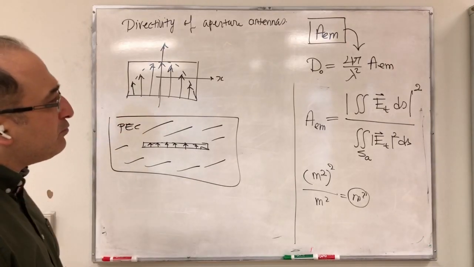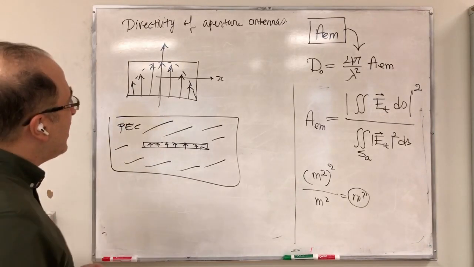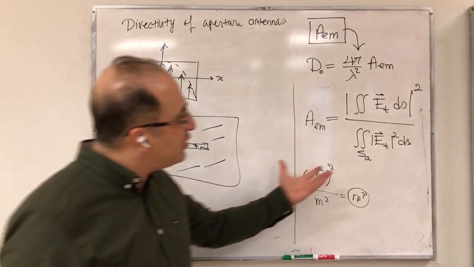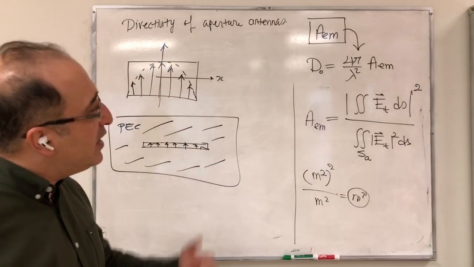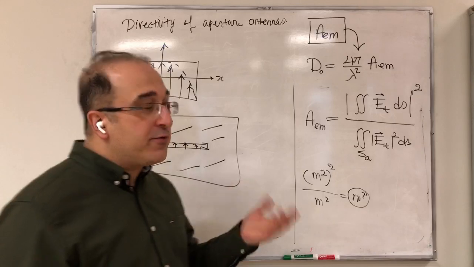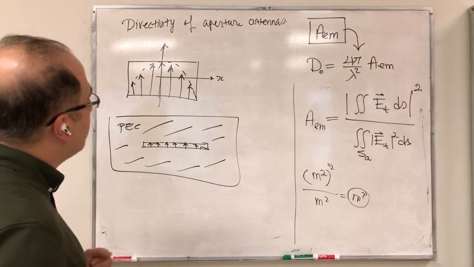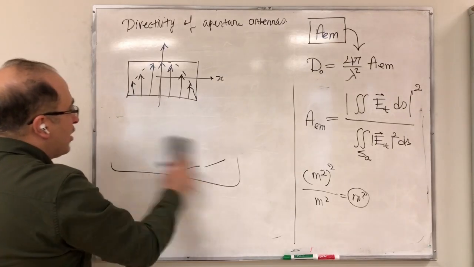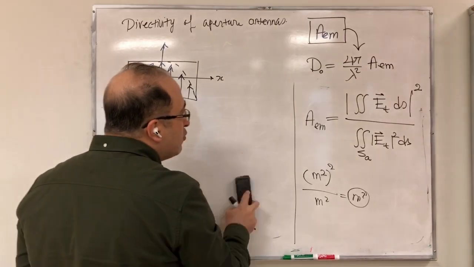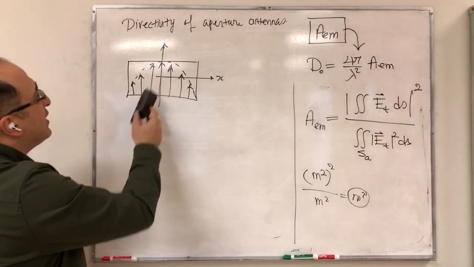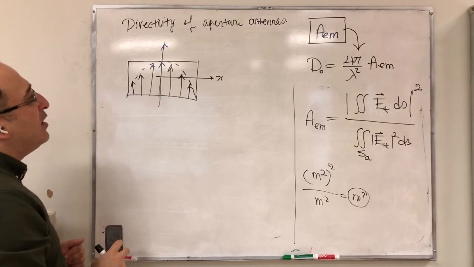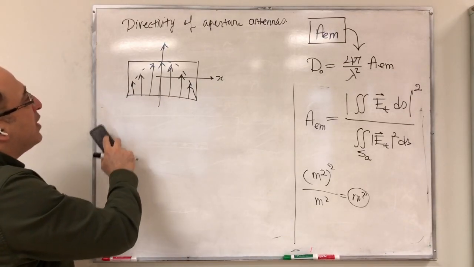Now, this is the equation that I have, and perhaps the best way to understand it is to perform one example and calculate the effective area. For example, let's use this equation to calculate the effective area of an open-ended waveguide antenna.